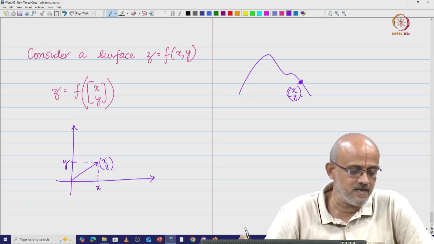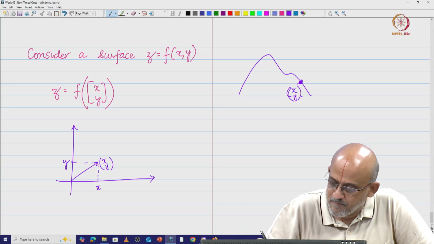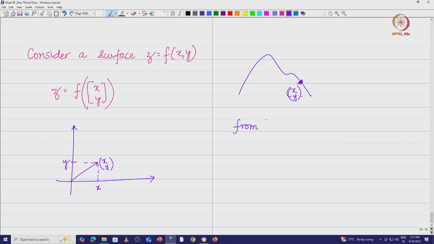So from the point x comma y we have infinitely many directions. For example, if you take R2, from here I can look in this direction, I can go in this direction, I can look anywhere, right, I have multiple options being at a particular point.